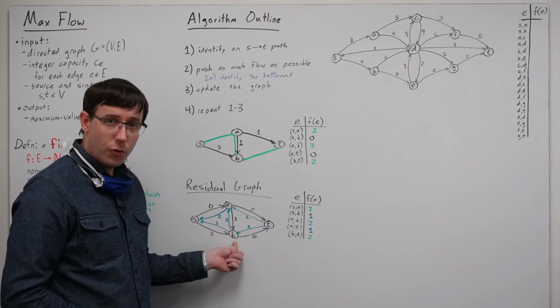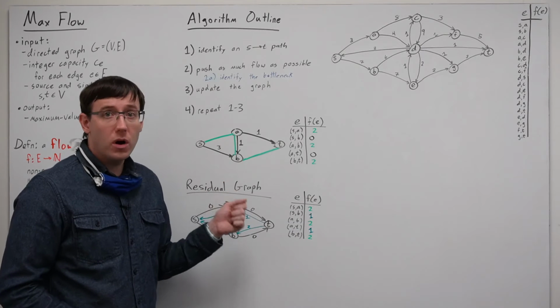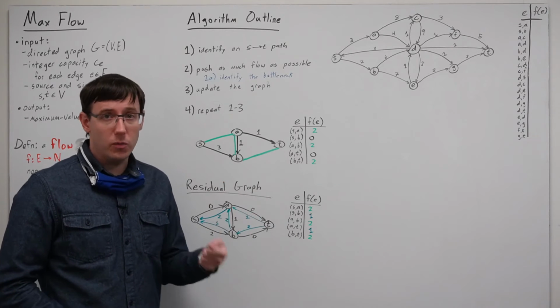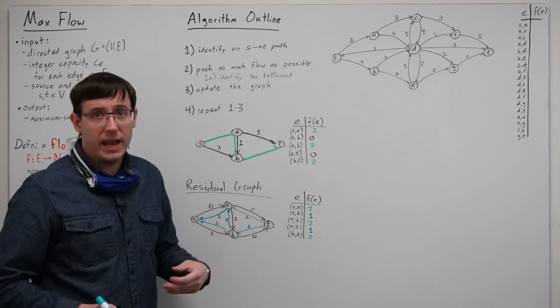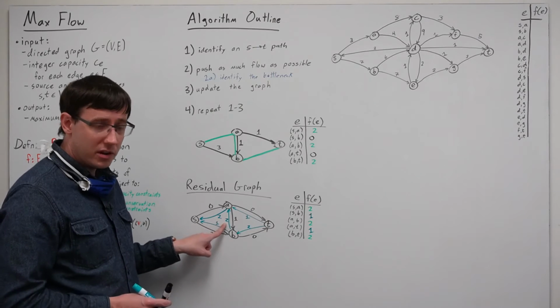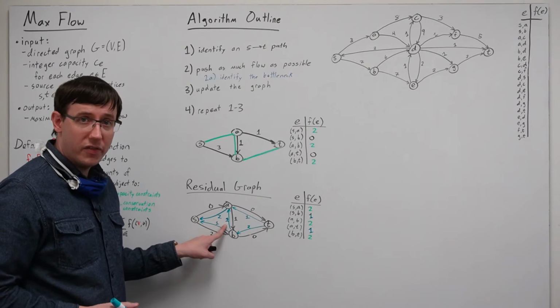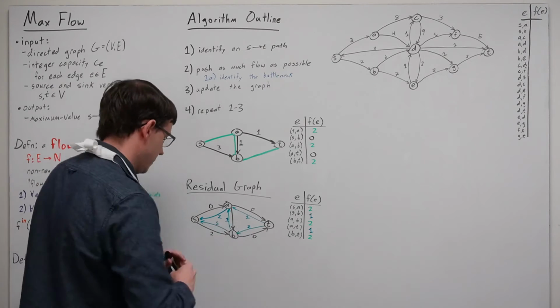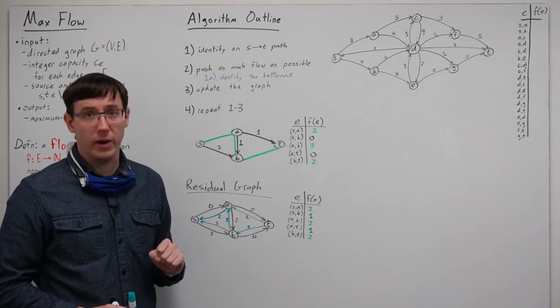On the other hand, for the edge B to A, since that was not an edge in our original graph, but rather one of the back edges we added for the residual graph, we will still change the capacities by 1, lowering the capacity on the edge we're using, and increasing the capacity on the edge that goes the other direction.